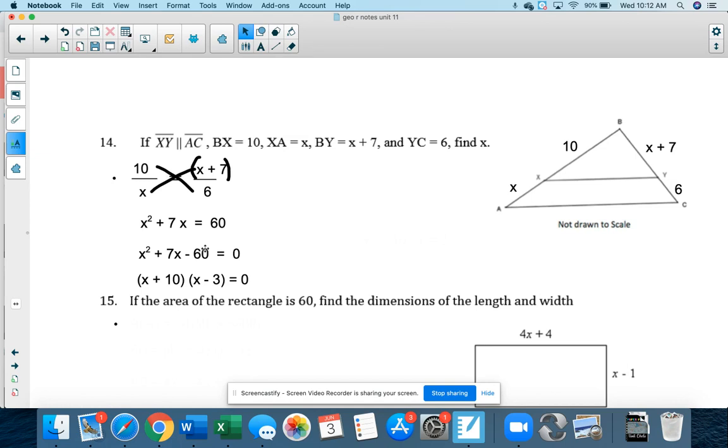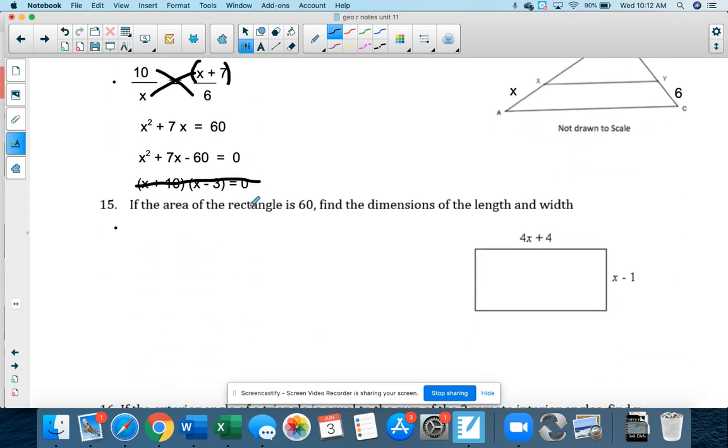Let me think what multiplies to 60. 6 times 10, that doesn't work. 15 times 4, that doesn't work. 3 times 20, that doesn't work. I'm thinking that I have a mistake in this problem. This problem is not doable. So this isn't factorable. This is wrong right here, so forget about this. We can't factor that. All right, sorry about that.